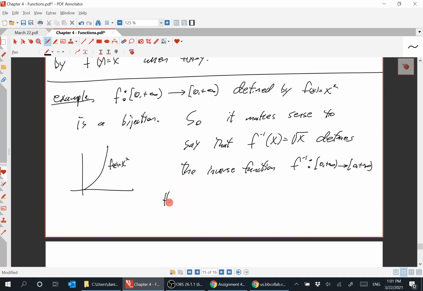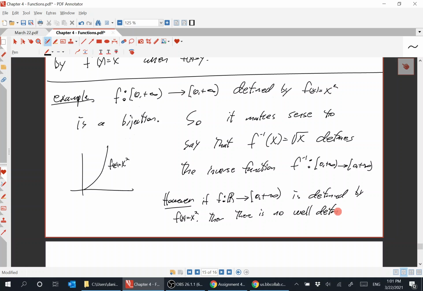However, if f from R to 0 to plus infinity is defined by f of x equal to x squared, then there is no well-defined way to choose f inverse of x, right?